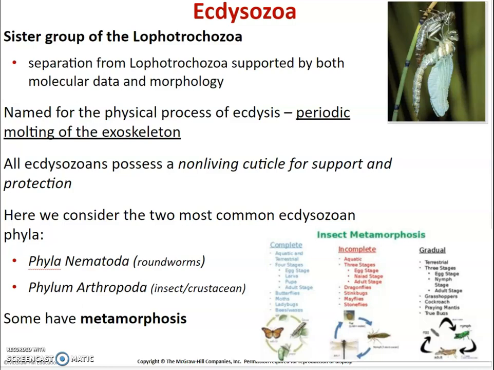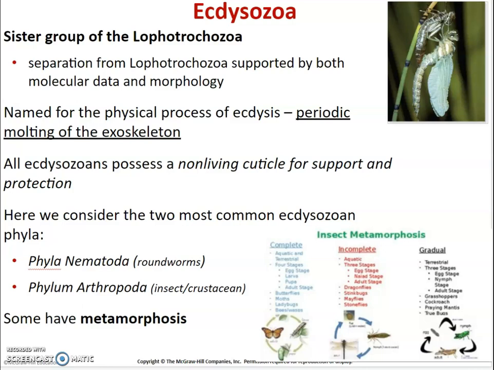The two most common phyla we see are nematodes and arthropoda. And so arthropods are like insects and crustaceans, and then nematodes are the roundworms. Some have metamorphosis, like butterflies, dragonflies, things like that, right?